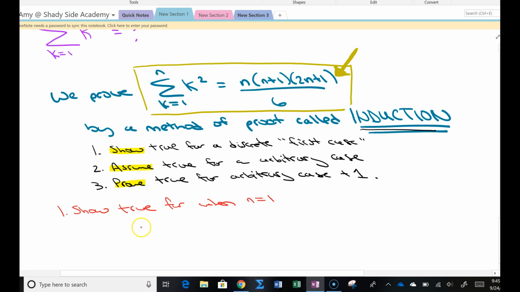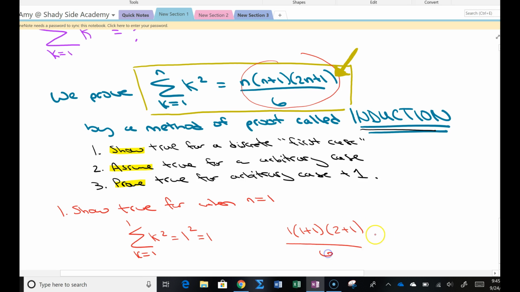The summation from k equals 1 to 1 of k squared should just equal 1 squared, which equals 1. Does the explicit formula when n equals 1 equal 1? Well, let's check. 1 times 1 plus 1 times 2 times 1 plus 1 all over 6. This does in fact equal 2 times 3 over 6, which equals 1. So we have shown this is true for when n equals 1.